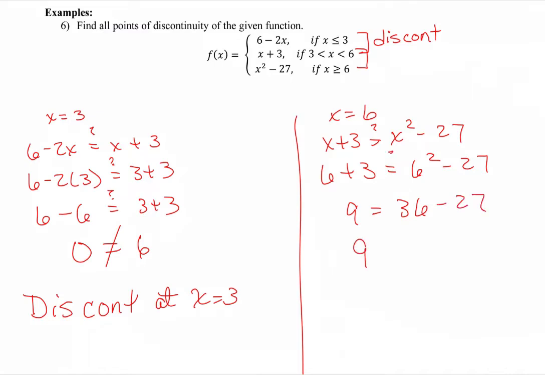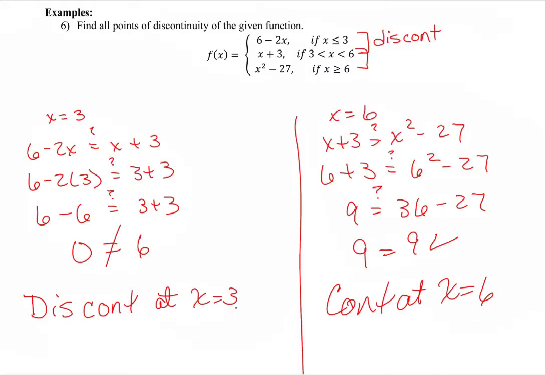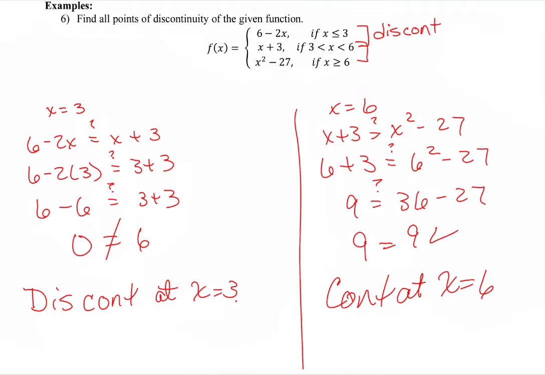And 9 does equal 9. So that is a yes. So we are continuous at x equals 6. So this function is discontinuous at x equals 3. So of all the points of discontinuity, the only one is 3. All right?